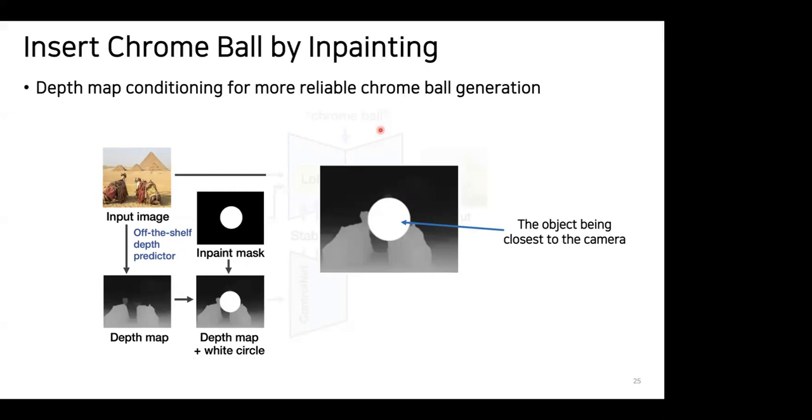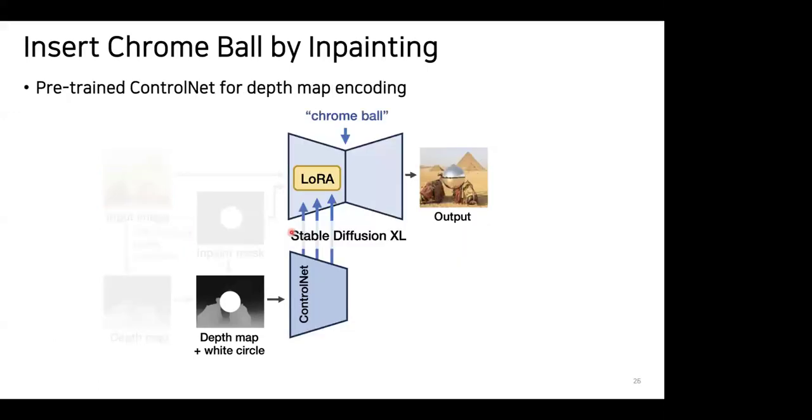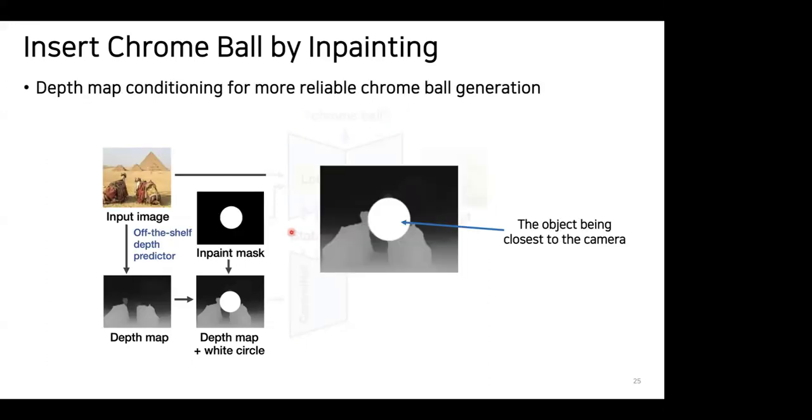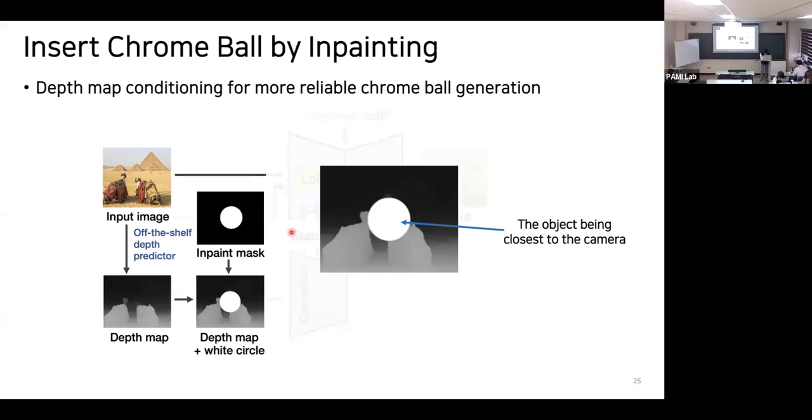And then that single image, the condition image, will be fed to the controller. Then it will interpret this input image as a depth map. What it means is the white circle is interpreted as a depth, right? Yeah, right. The authors intended to put the white circle on the depth map and make the model consider this region to be an object that is closest to the camera.